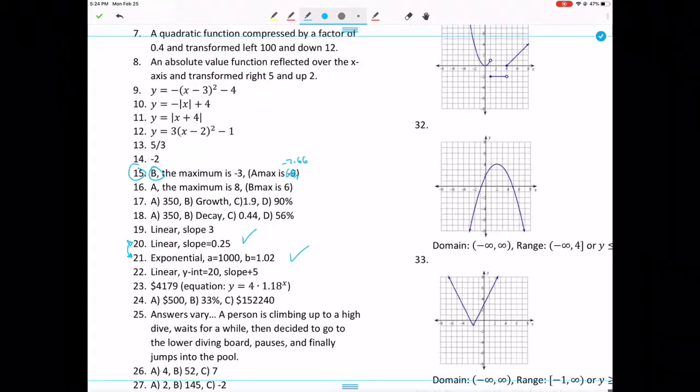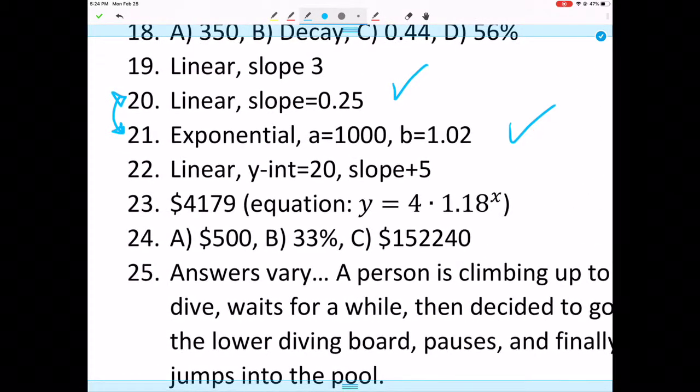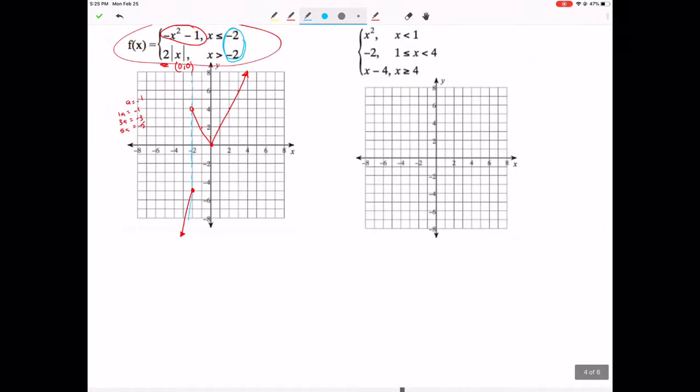And last one is 24. Okay, A is correct. B and C, these are correct, but you need to fix it and put it in as 33% and 152,240. So if we look at 24 really quick.